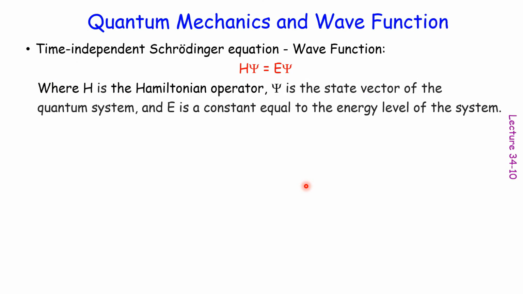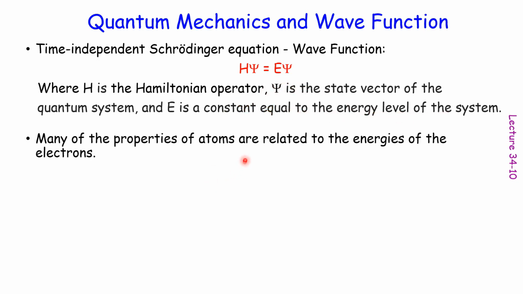The best wave function to describe the electron movement is the time-independent Schrödinger equation, a wave function. H psi equals E psi. H is just an operator, and psi is the wave function, and E is a constant that equals the energy level of the system.